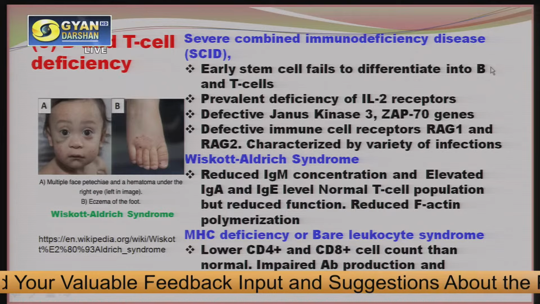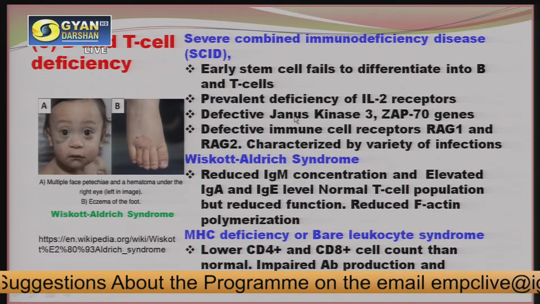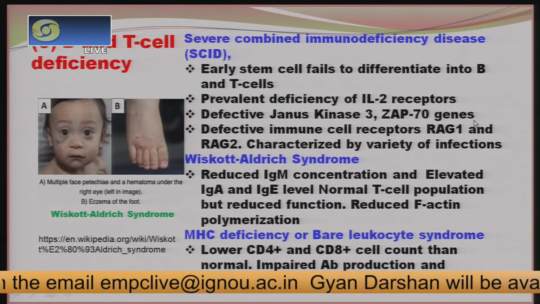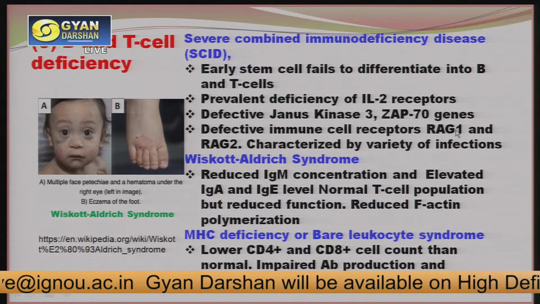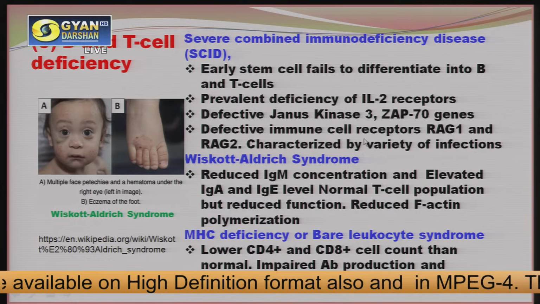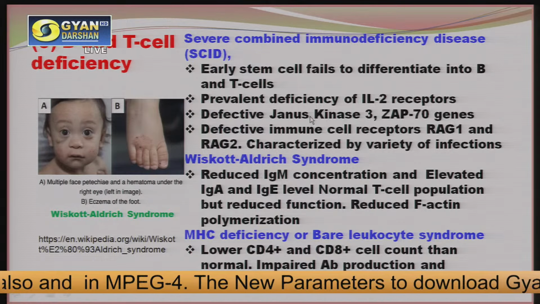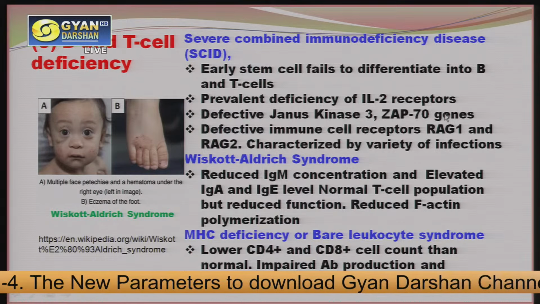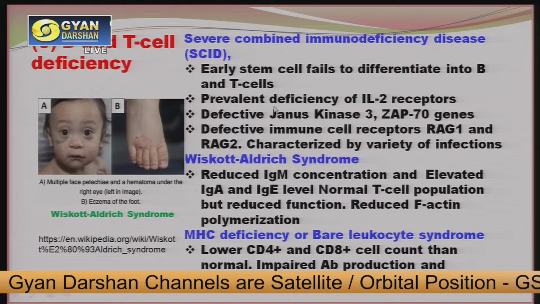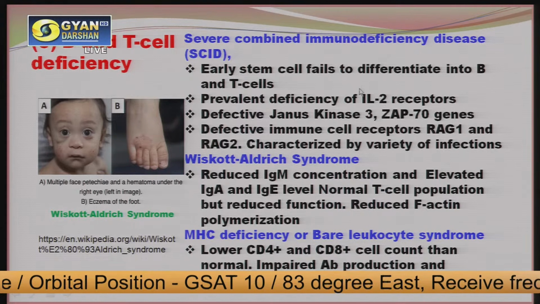Early stem cells fail to differentiate into B cells and T cells, with deficiency of the IL-2 receptors, defective Janus kinase 3 and ZAP70 genes, and defective immune cell receptors RAG1 and RAG2, characterized by a variety of infections. If a variety of infections take place, we need to check the IL-2 and ZAP70 genes, their up-regulation and down-regulation. We can check it, and ultimately decide whether the person is suffering from SCID or not.